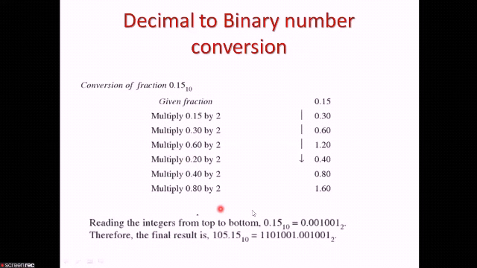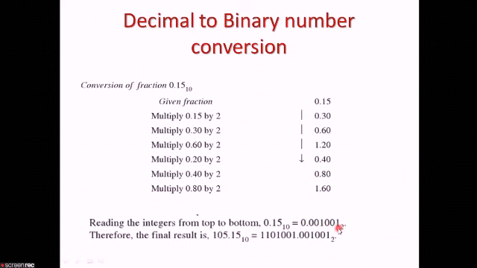That's why we stop here and take the integers from top to bottom. That is, 0.15 to the base 10 is equal to 0.001001 to the base 2.